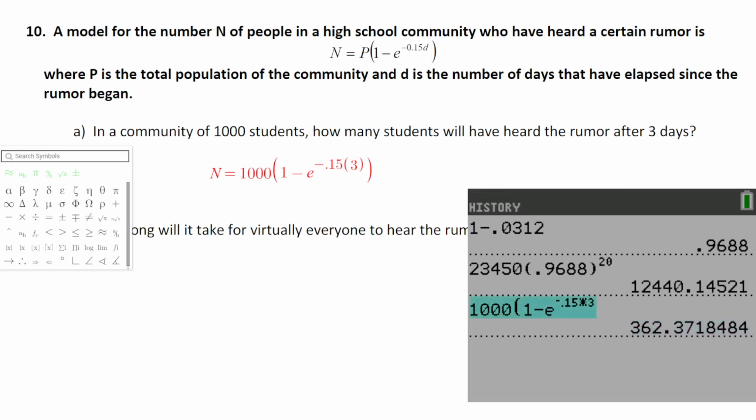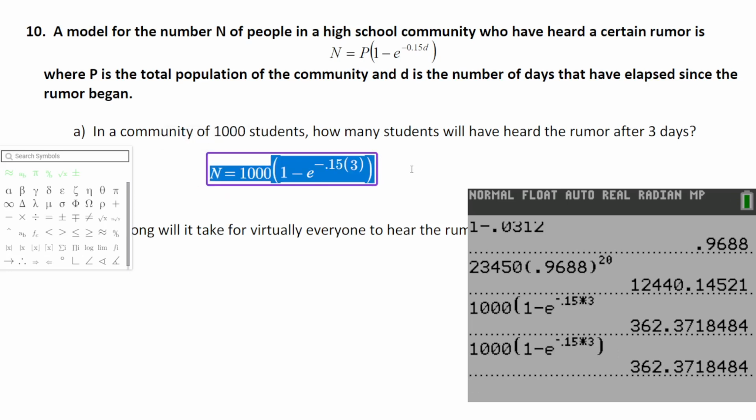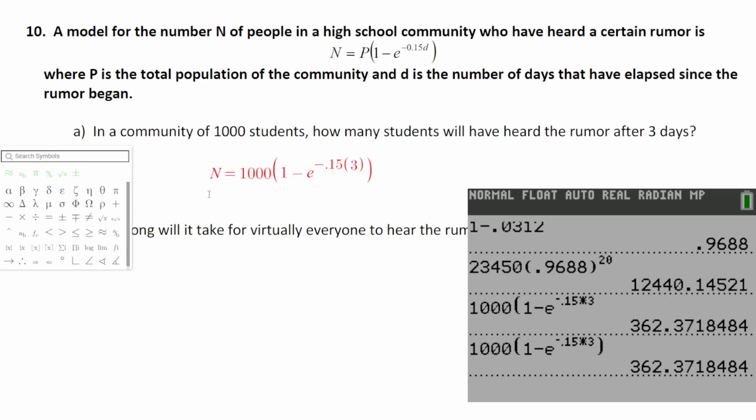I forgot my close parentheses there, but I think this calculator will be able to handle that. Yeah. So it's going to be approximately 362 students. All right. So we'll say approximately 362.